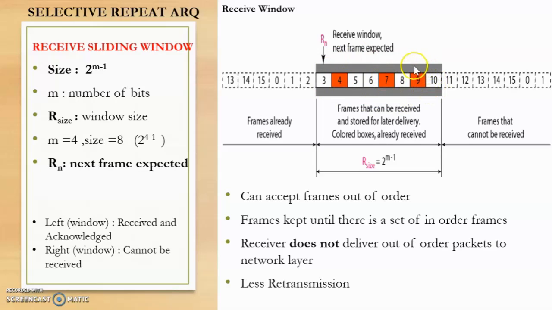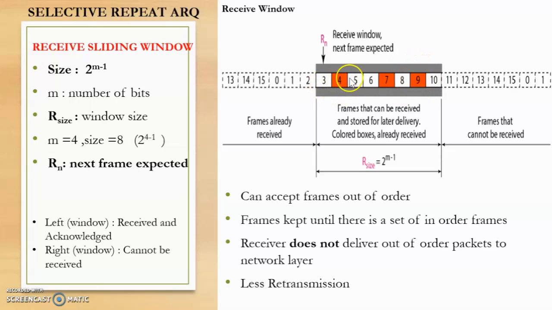Next, suppose a frame with sequence number 9 arrives before frame 3. In this case the receiver will check if sequence number 9 is present in the receive window, and over here sequence number 9 is already present in the receive window, so the receiver will accept frame 9 and store it in the receive window.